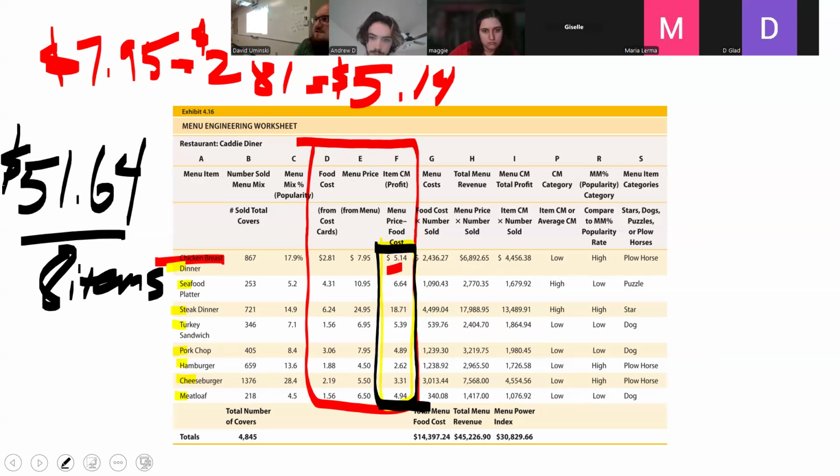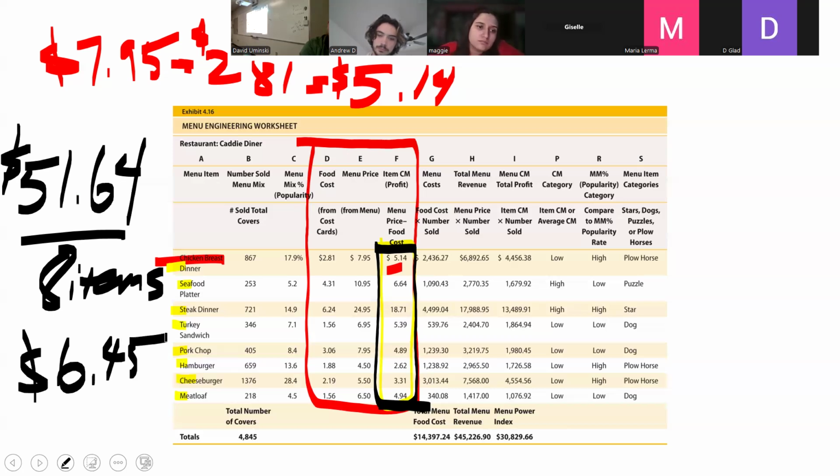I get $51.64. Okay. Divided by 8, which is the number of items we have on our menu. And what is our average? 6.45. Okay, cool. So now what I'm going to do, I'm going to take the $6.45.